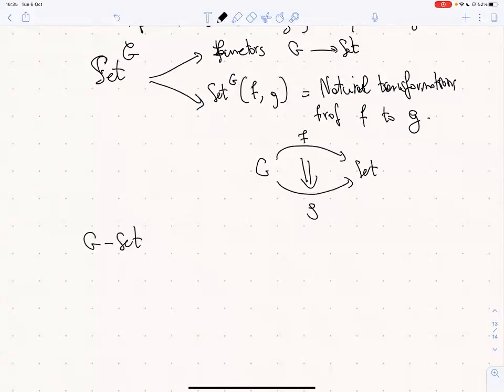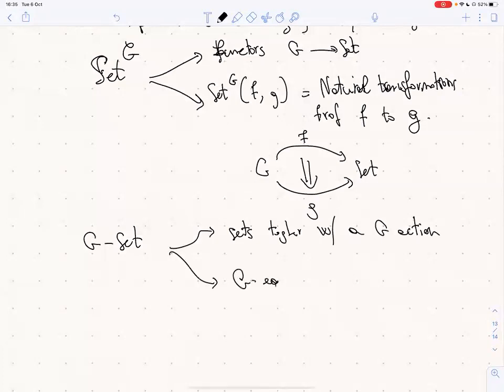So this category has objects, sets, together with a G action, okay? And morphisms are G equivariant set functions.